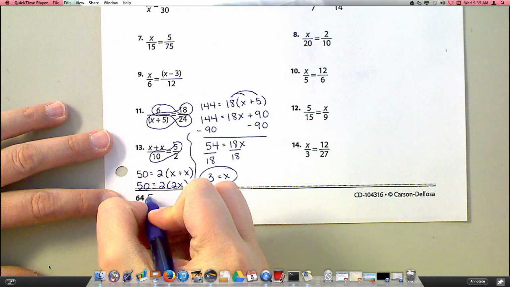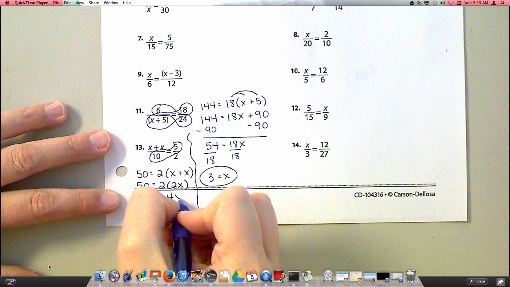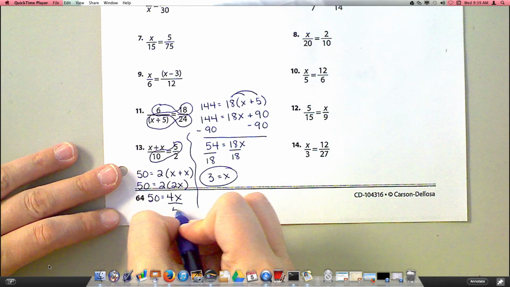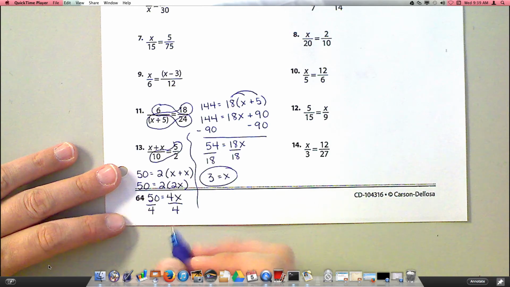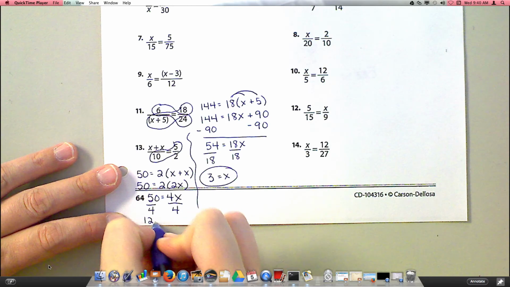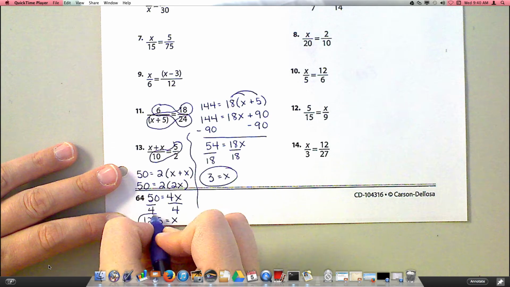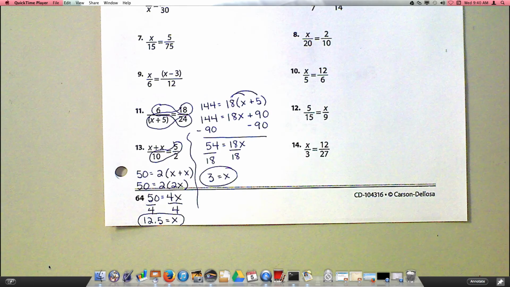So this really is not as hard as it looked. 2 times 2x is 4x. Yep. And then divide by 4 on each side. Say it again, 12.5? Okay, so 12.5 equals x. Okay? How's that?